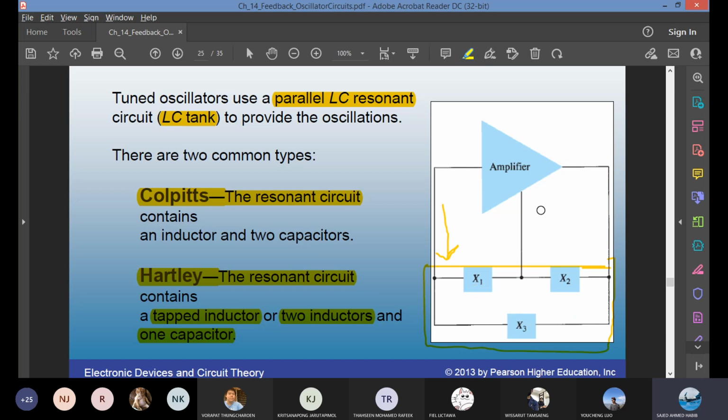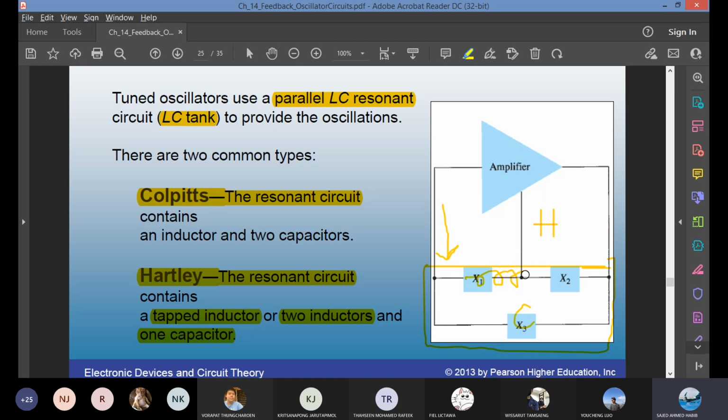What if you have a Hartley? For Hartley, I'll write the letter H. You need 1 capacitor and 2 inductors. So where in the LC tank do you have a single element? This one. This will be a capacitor. This one will be your first inductor. This one is going to be your second inductor. Sometimes what you have is 1 continuous inductor.